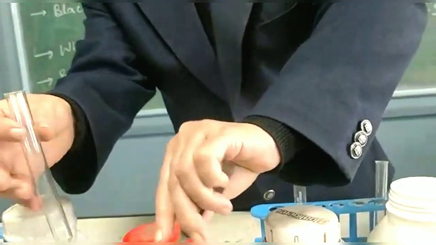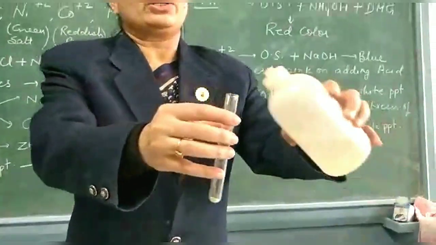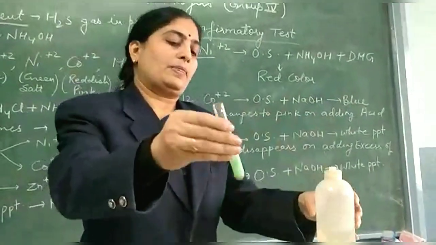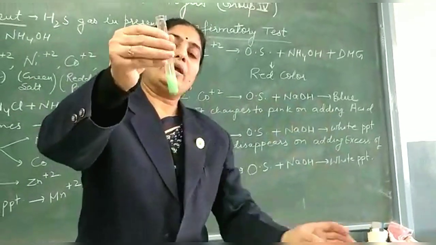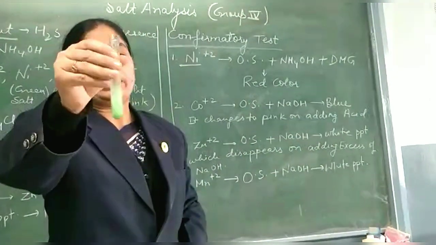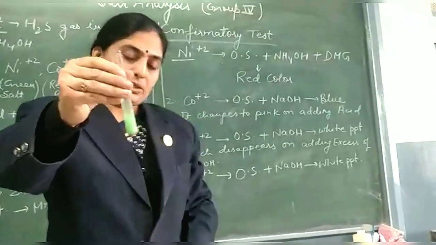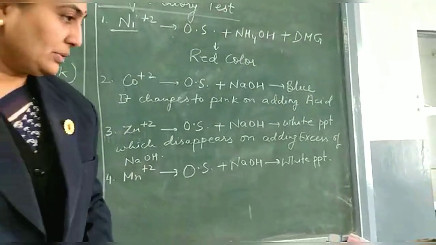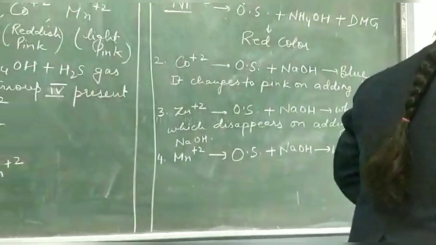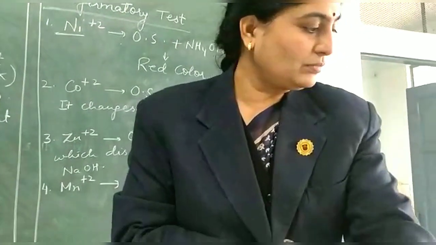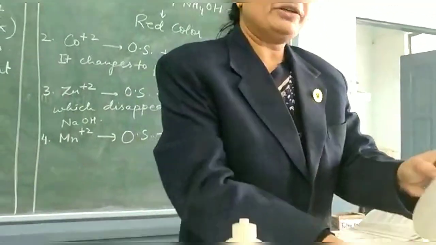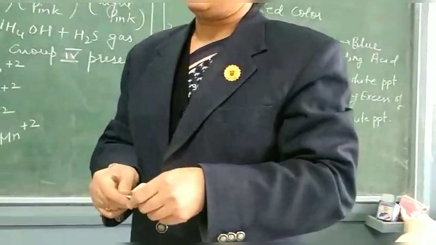Nickel ion I'm taking for group 4 and making the original solution. It is a little cloudy and colloidal, so we need to filter it out. After filtration, I get a clear and transparent solution.